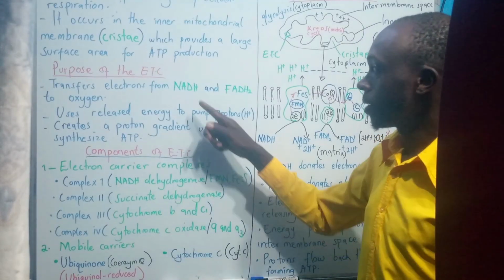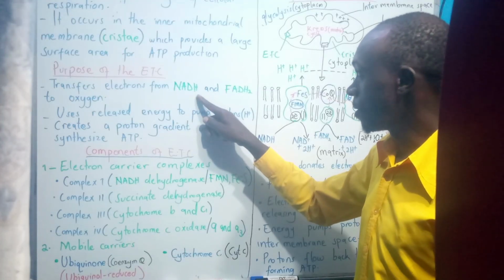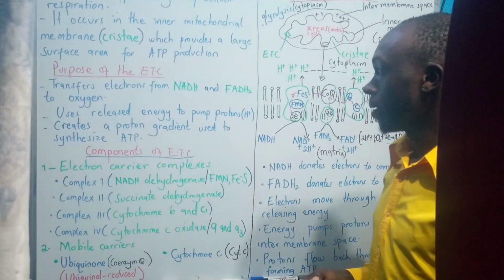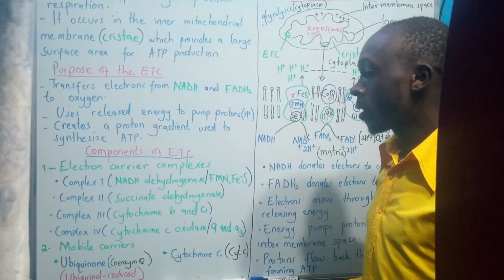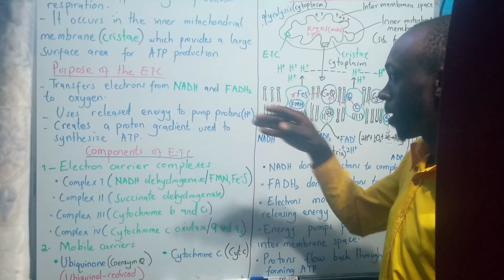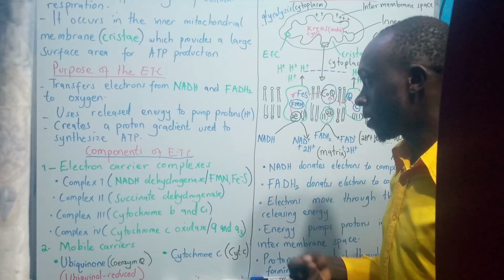Where are we getting the reduced NAD from? The reduced NAD, which is having hydrogen, is coming from glycolysis. You can also have it from the pyruvate decarboxylation in the link reaction, and you also get it from the Krebs cycle.